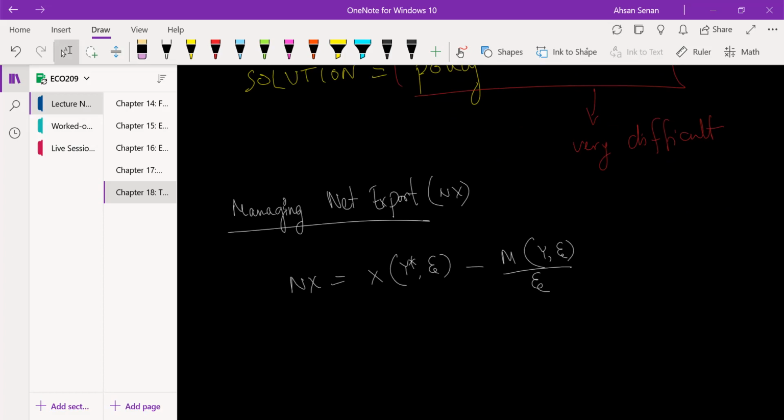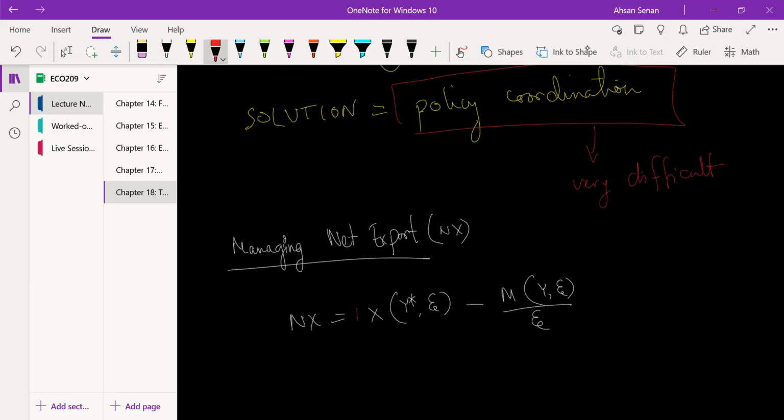So when we talk about managing net export, what we effectively mean is we either want to increase trade surplus or we want to decrease trade deficit. Either way, what we want to do is either increase export, or decrease import, or do both.